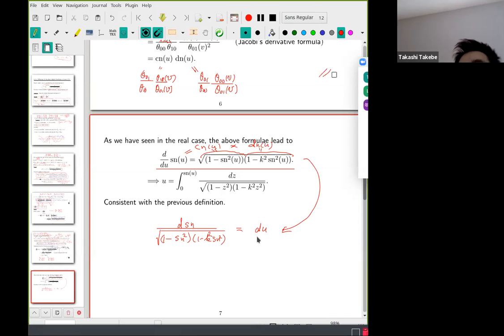when we solve a first order ordinary differential equation in the first or second year of an undergraduate course, often we use such a technique, right? And then integrate.